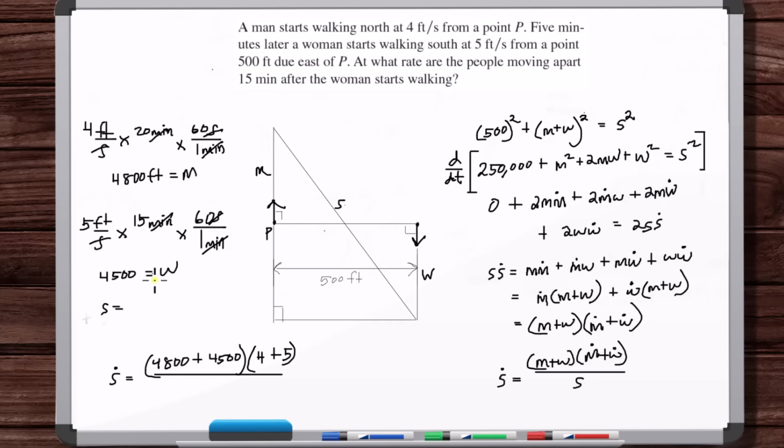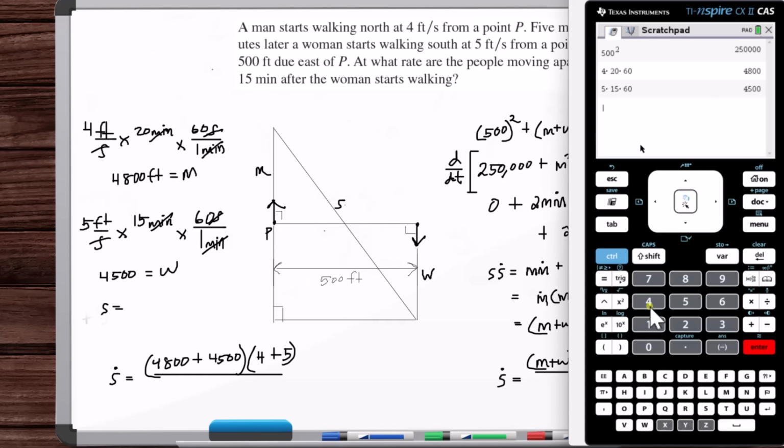We need to take M plus W squared plus 500 squared. We need to use this formula here to get S. So, squared plus 500 squared, 9,313.